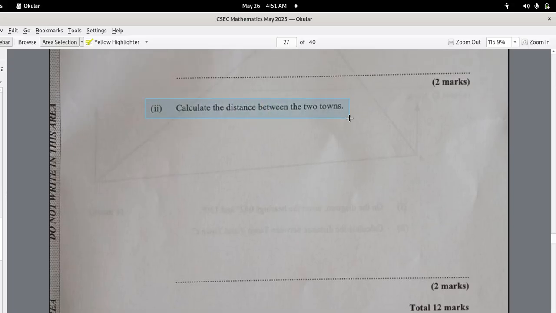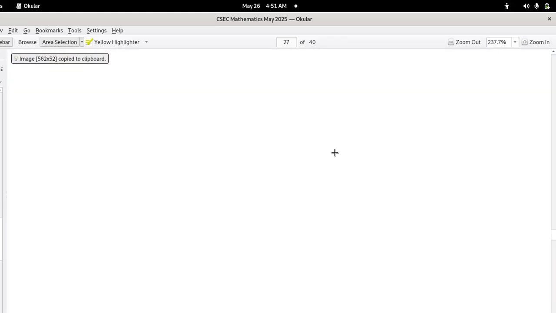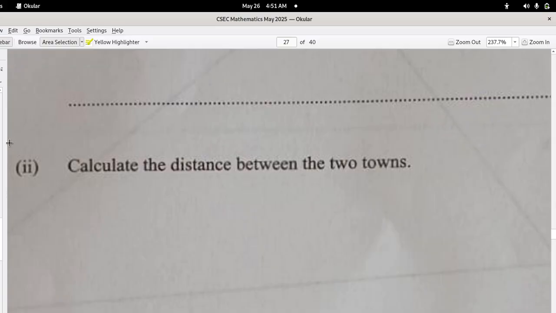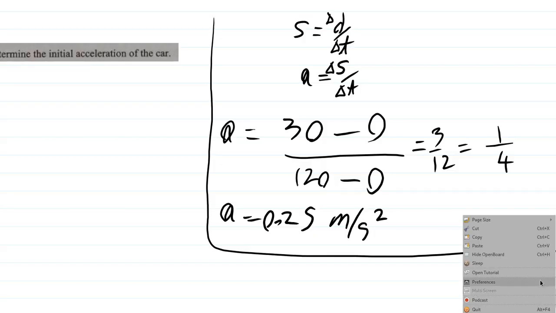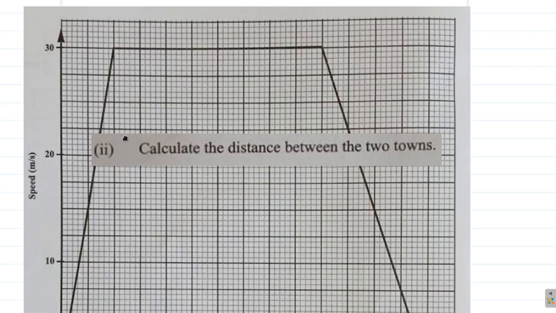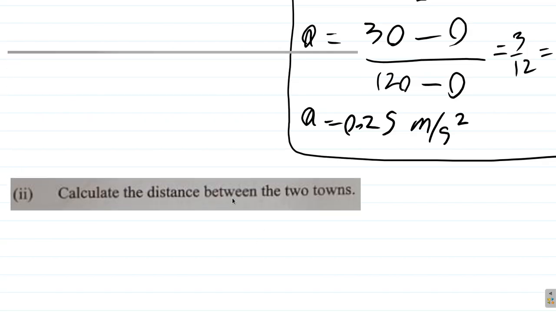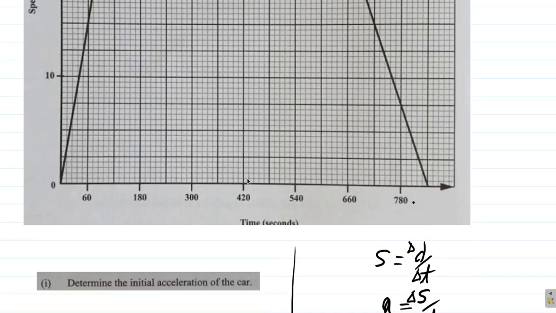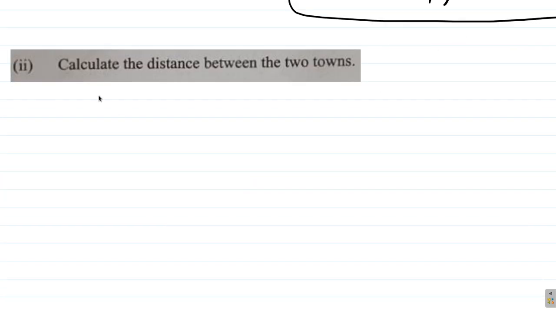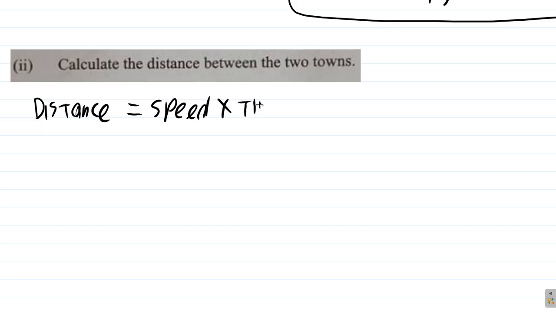To calculate the distance between the two towns, let me increase this a bit before I copy it. Let's drag this down here. Now the thing is, we know that distance is equal to speed multiplied by time.